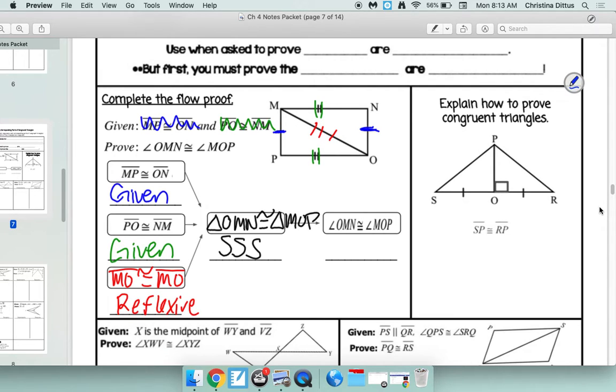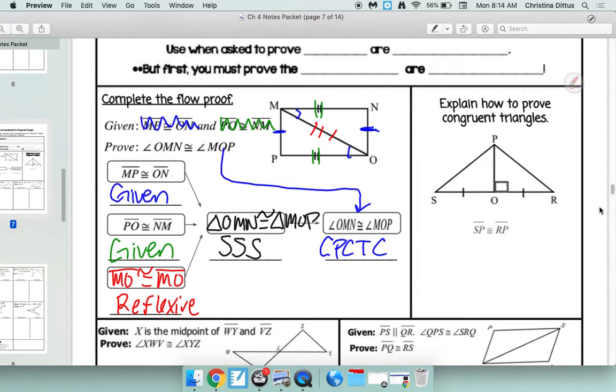Since I already know the triangles are congruent, I can now say that anything in there is congruent because the triangles are congruent. So I can do this proof part. Remember, that's always the last step we want. I can say that angle OMN is congruent to angle MOP. Those are congruent because the triangles are congruent. Because corresponding parts of congruent triangles are congruent.